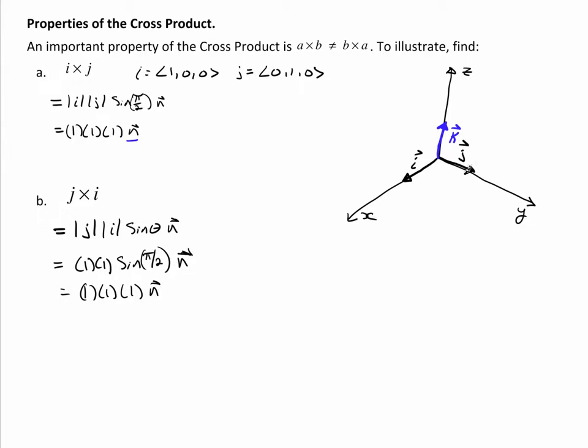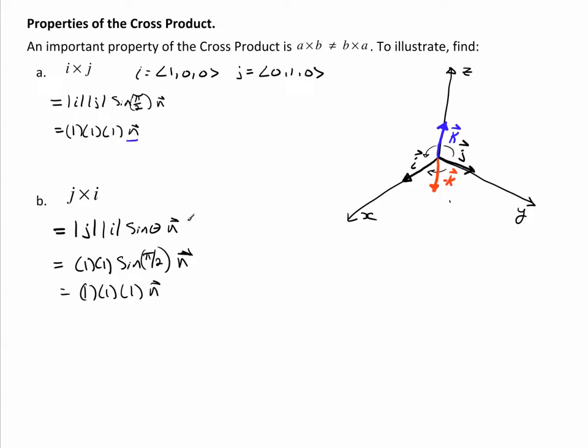Now, when I put my fingers on j and try to curl them toward I using my right hand, I can't. The only way to do that is if I curl them back around here. But this is the angle that I need right here. So what this means is I have to turn my hand upside down so that my fingers run around j and I curl them in, they go toward I. And the only way that'll happen is if this vector n is actually equal to the negative of vector k.